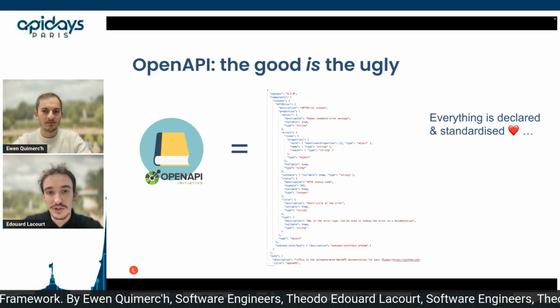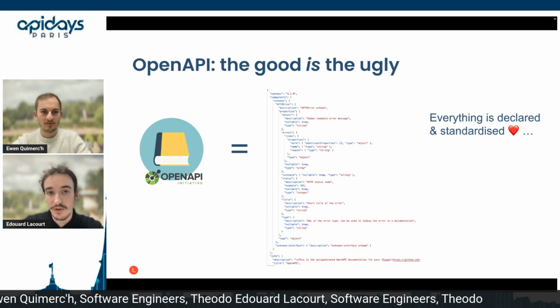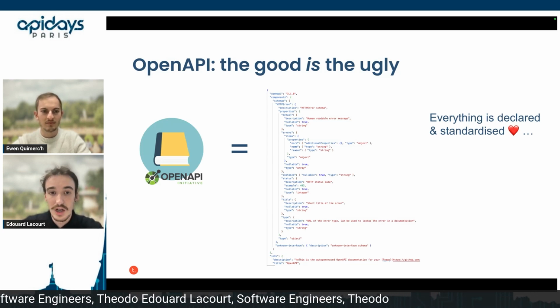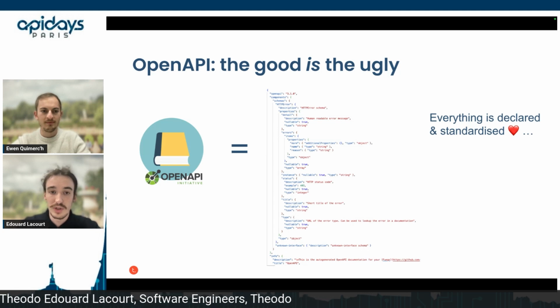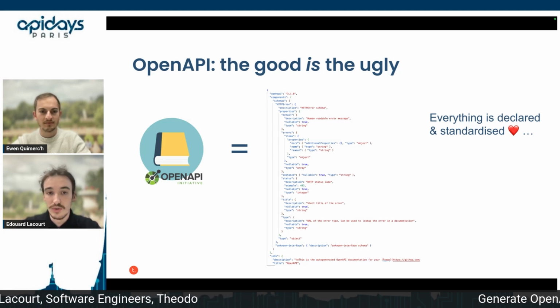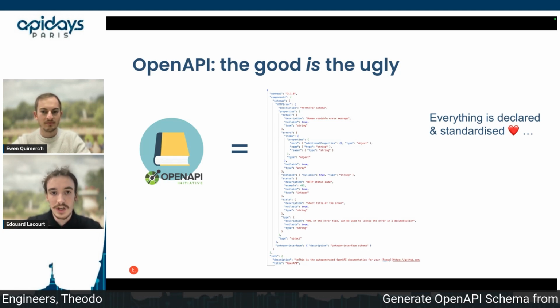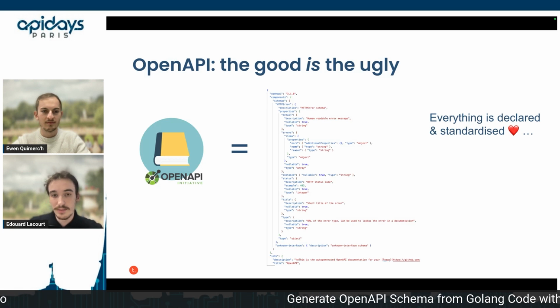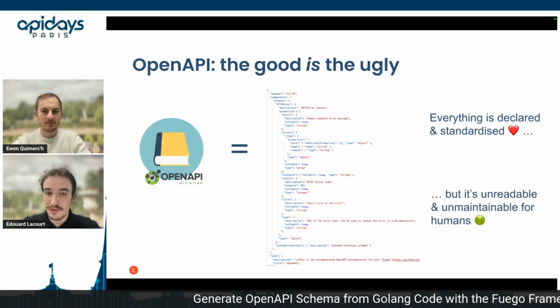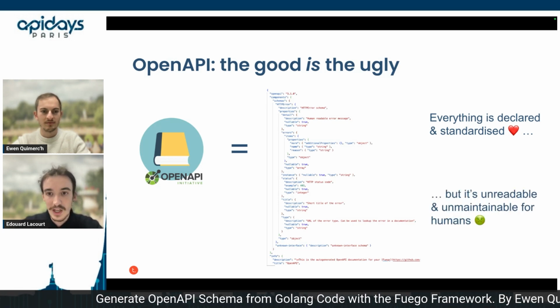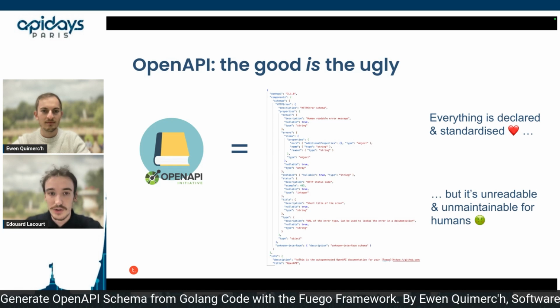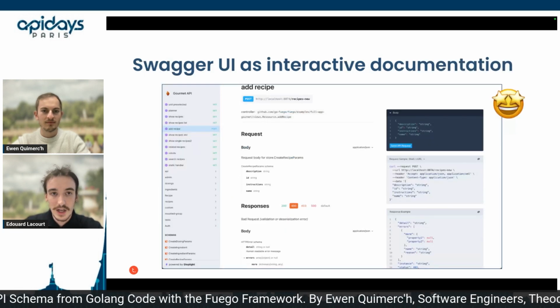You have all the description of your API: descriptions, examples, and the type of the request body or the response body, for example. So it's great for machines, but quite unreadable for humans and hard to maintain. But that's why there are also UIs you can plug in.